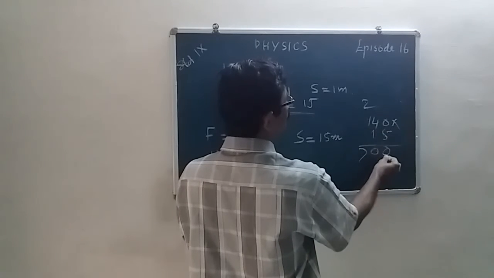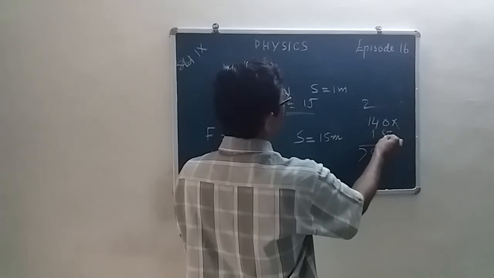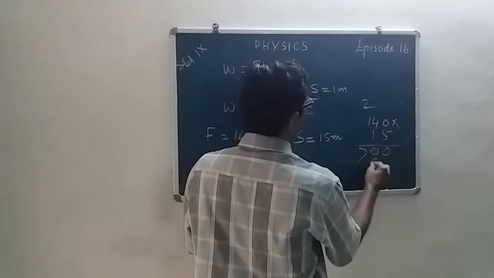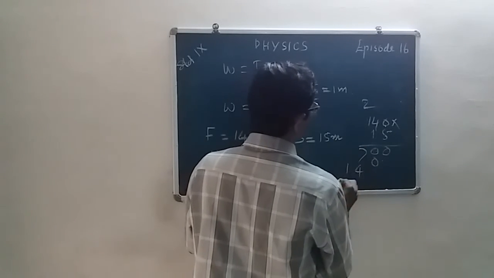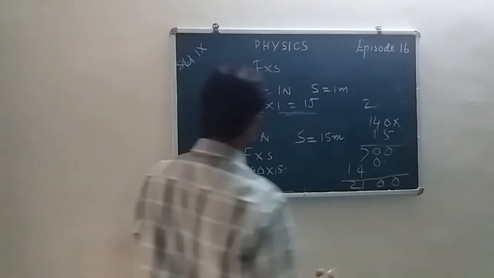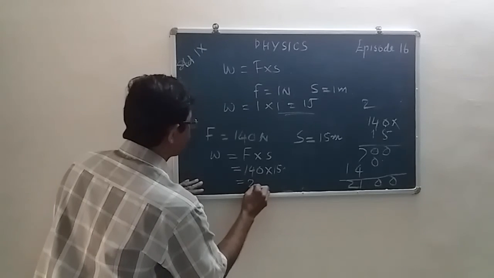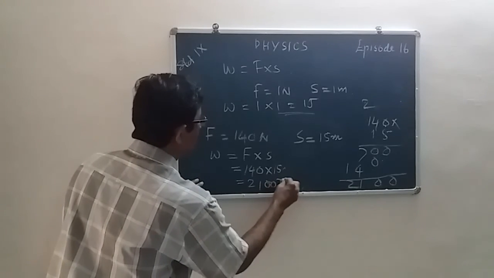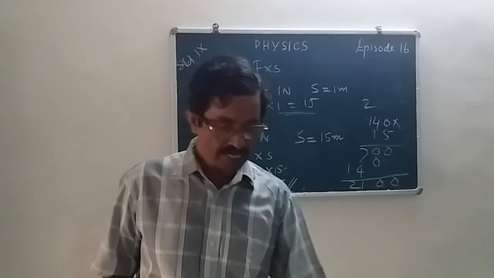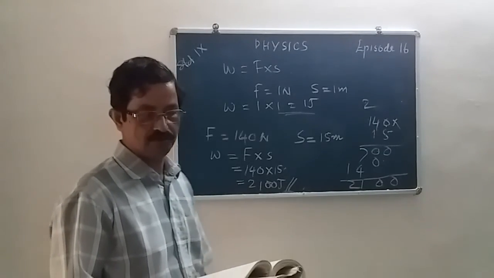Then 1 times 0, 0, 1 times 4, 4, 1 times 1 is 1. This is the work done by the bullock. That is 2100 joule.